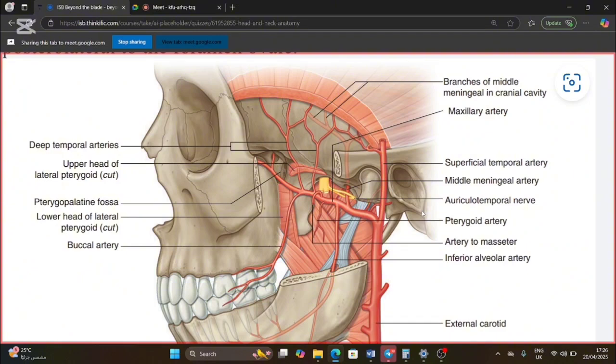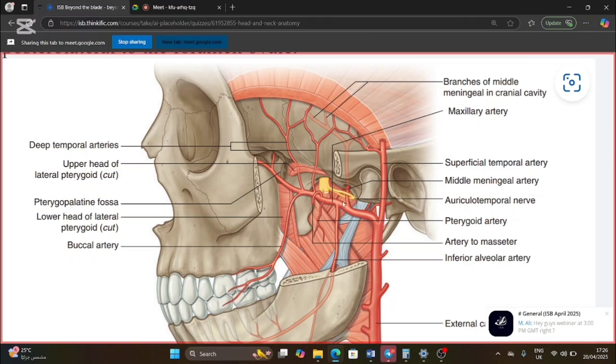Is that correct or not? No, it's not correct. It's posterolateral to the foramen ovale. So you need to know where the opening is and its relation to the surrounding structures. It is immediately posterolateral to the foramen ovale, and it is in the greater wing of the sphenoid, not in the lesser wing.